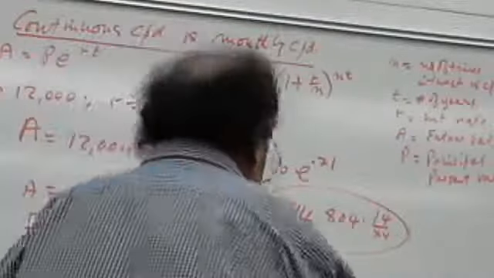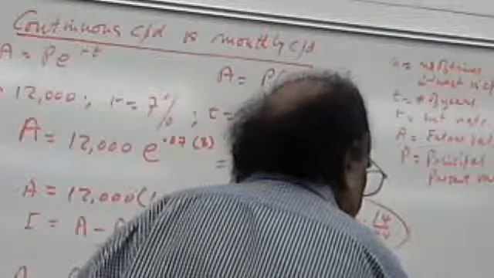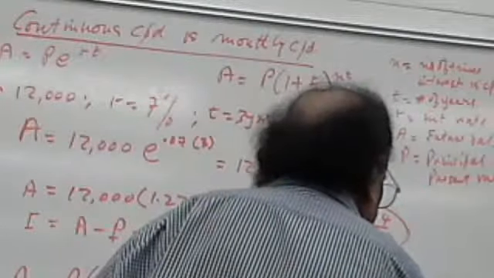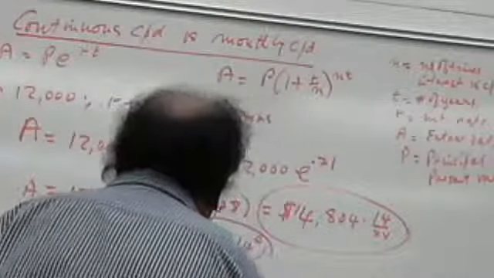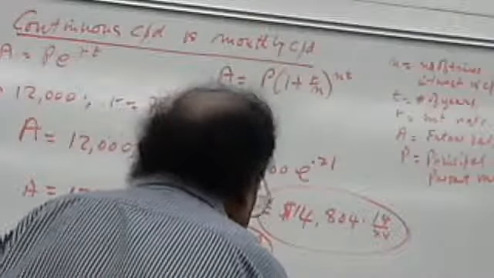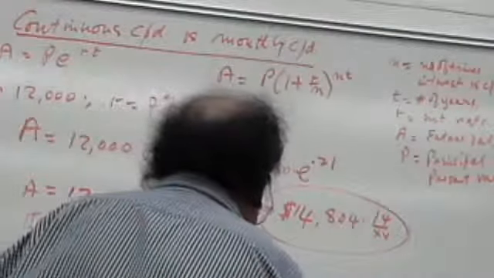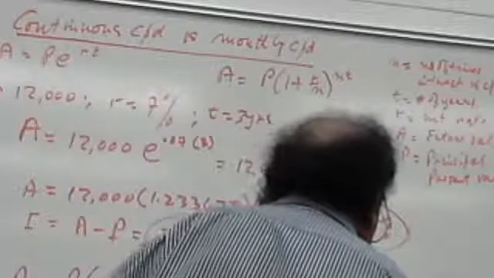And if you do that, you'll get our 12,000, which is the principal, multiplied by 1.2329, and that gives us $14,795.11.